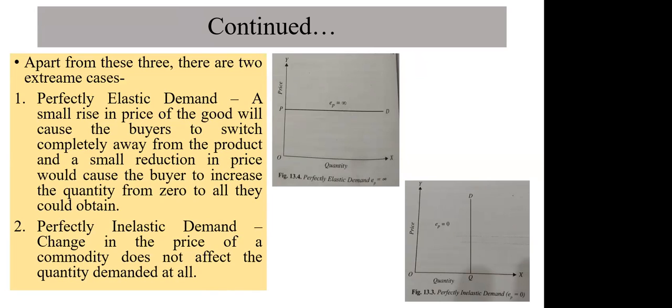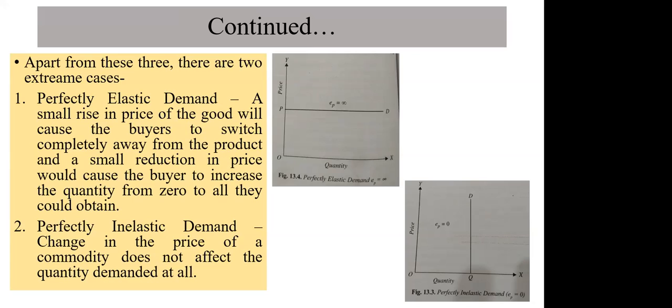Okay. Now coming to the topic, perfectly elastic demand. What does it mean? Suppose there is a good which previously the consumer was not buying at all at the prevailing market price.